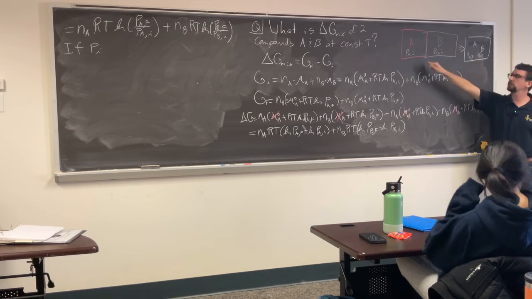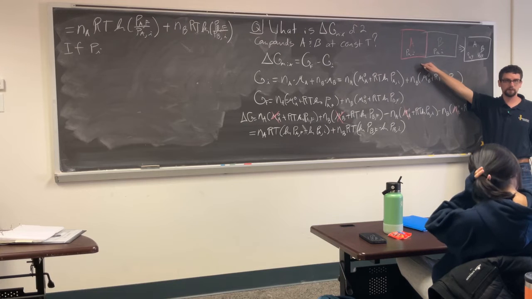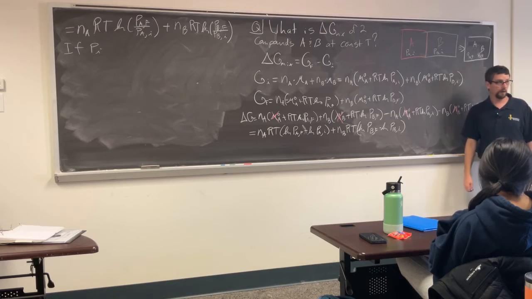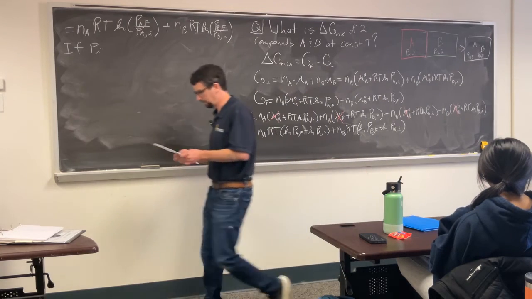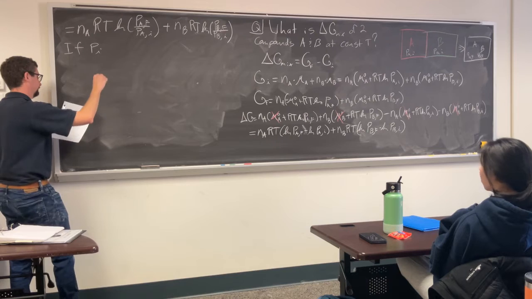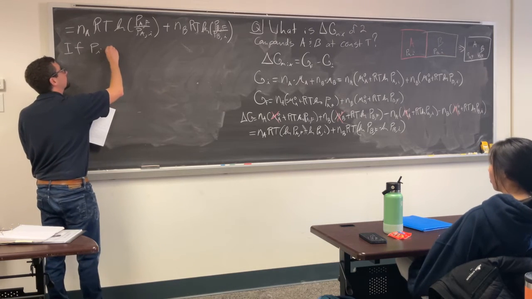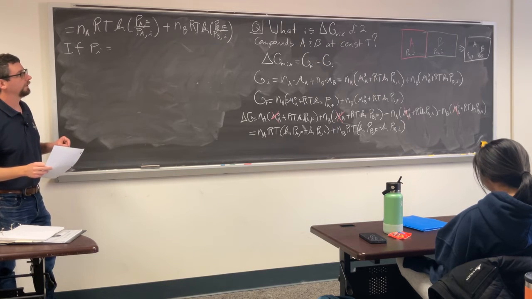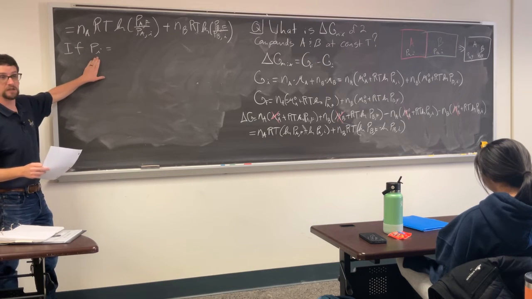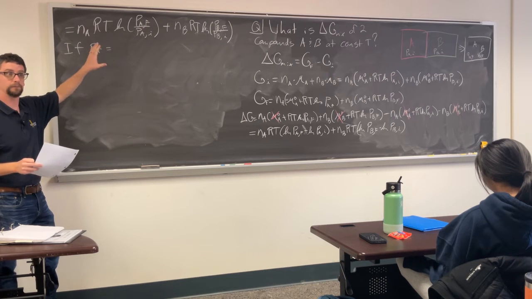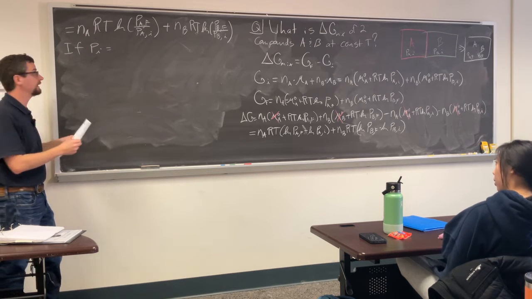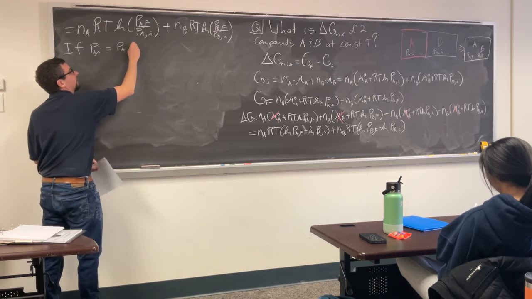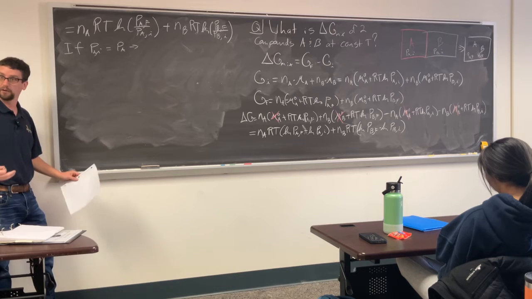What could we say our initial state is here? Does it have to be mixed with B? No. What could we say it is? We could just say that this initial pressure is the pressure of whatever species we're looking at at that time. So if we had this, we could just say it's the pressure of pure A by itself.